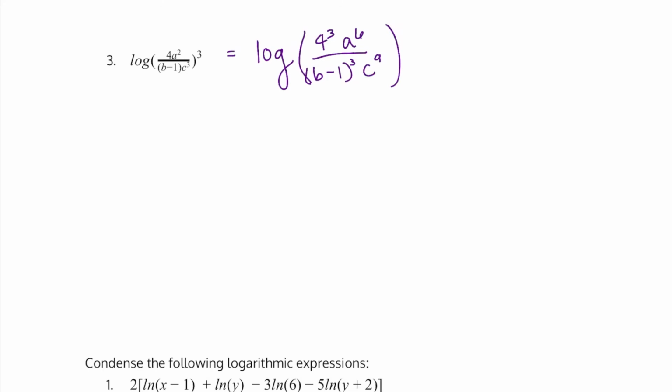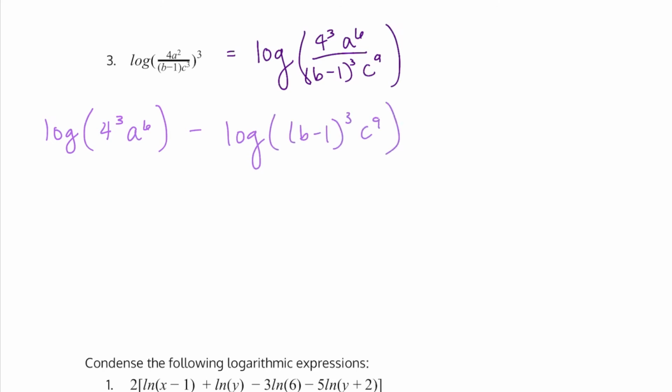Okay, so looking at that, I will take quotient rule. I've got a fraction, right? I have division inside of my log, so that can separate into log of the numerator minus log of the denominator.